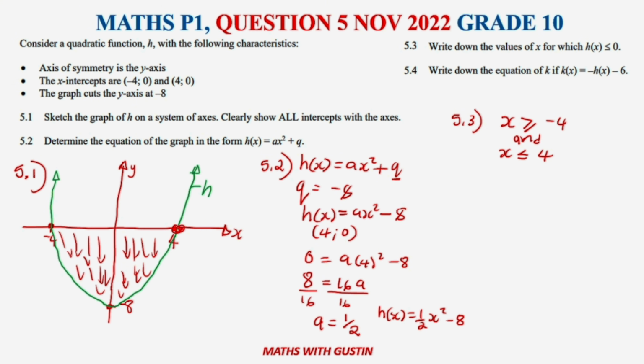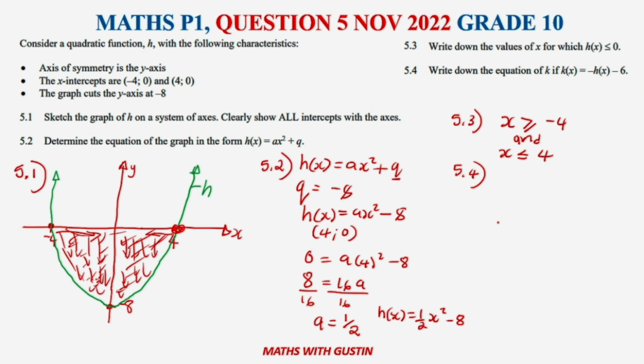This is what they are referring to. This is where the graph is less than or equal to 0. So this area is when x is greater than -4 on this side, and when it's less than 4. I hope you guys understand that. They like bringing these questions a lot. Simple 2 marks right there.